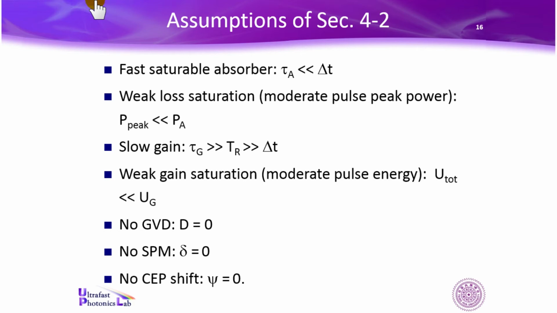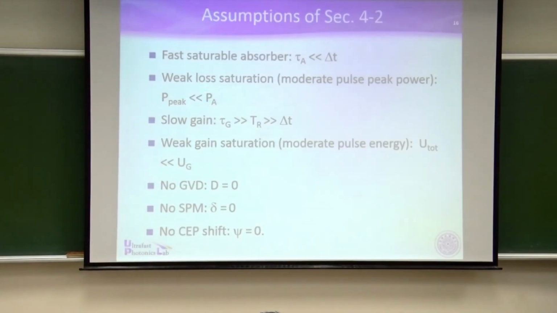We also assume weak loss saturation. In other words, the peak power of the pulse is only moderate, so peak power is much smaller than the saturation power of the absorber, P peak much less than P A.